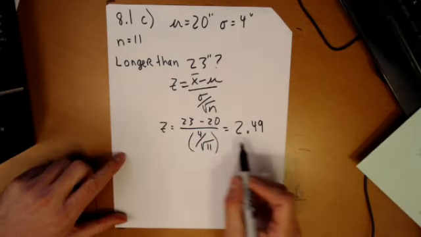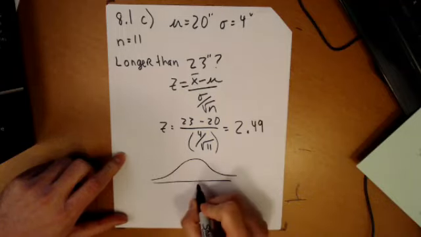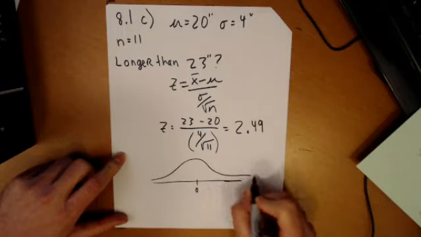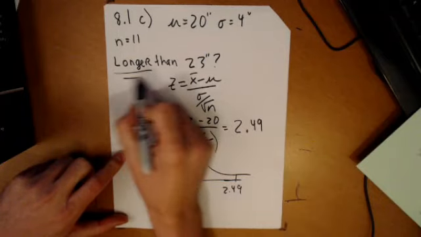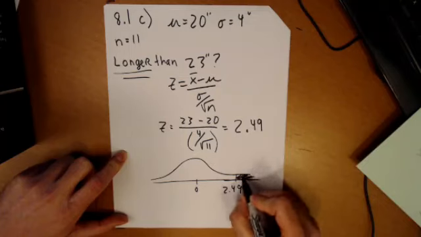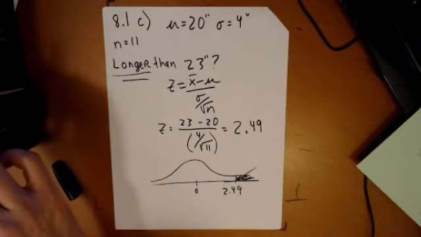So the probability, so we got our Z value. So once we have everything in Z, remember the center is 0. 2.49 is way out here, and longer than, so we shade to the right. And so right tail, I would look up opposite.